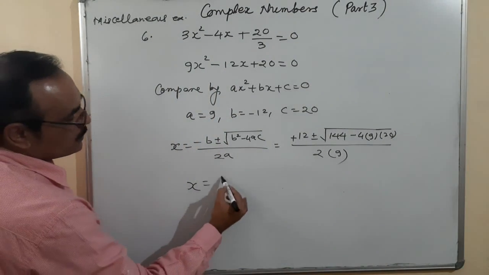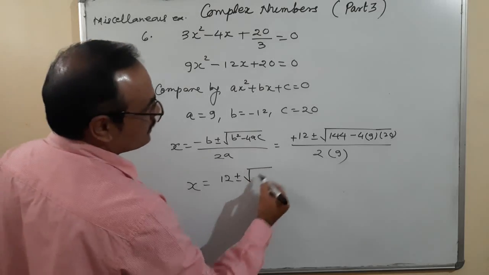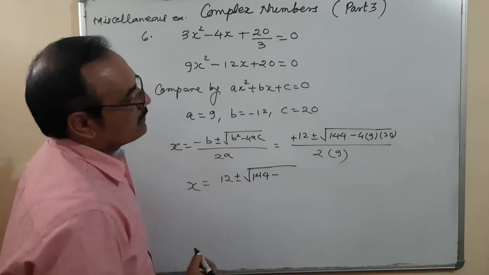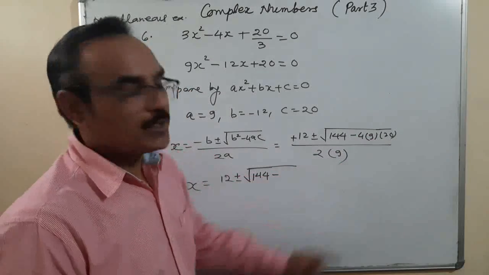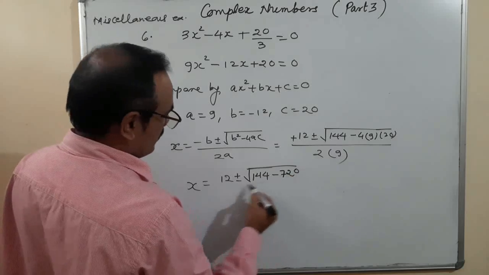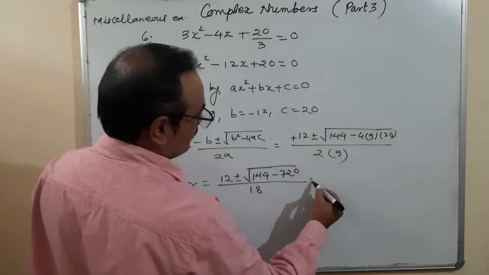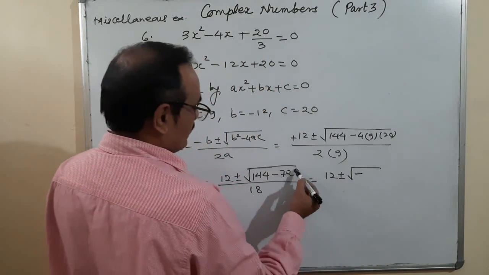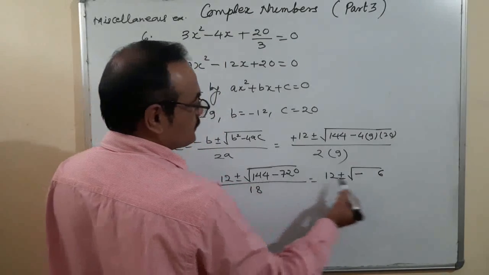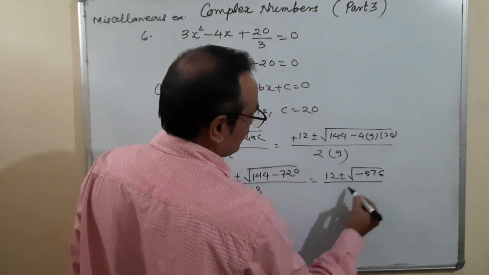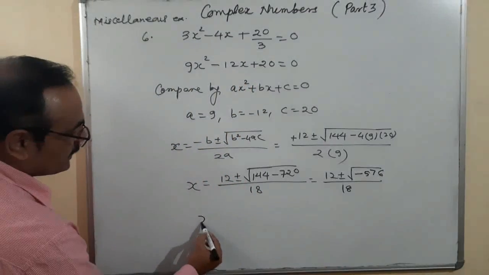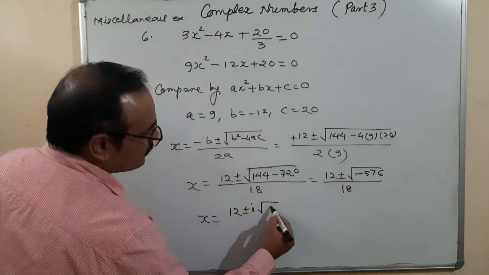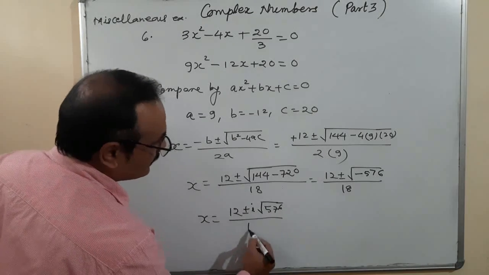Therefore x is equal to 12 plus minus under root of 144 minus 720, upon 18. So x is equal to 12 plus minus i under root 576 upon 18.